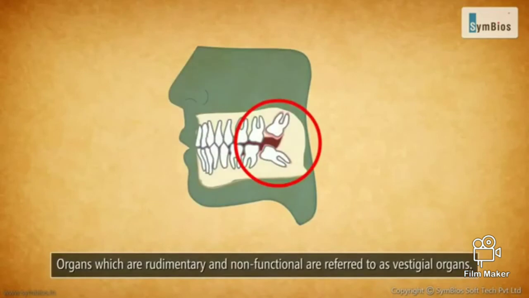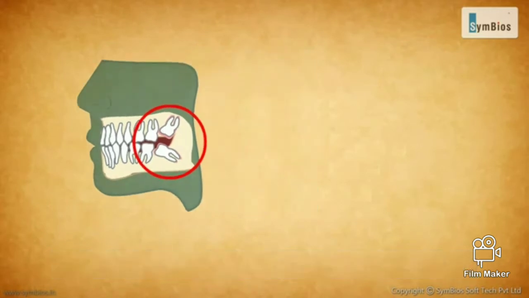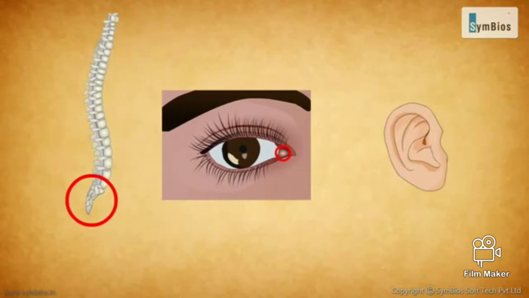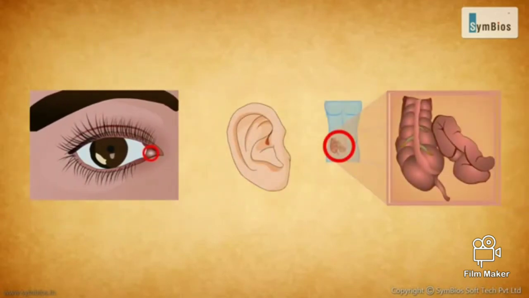Vestigial organs. Organs that are rudimentary and non-functional are referred to as vestigial organs. The presence of vestigial organs provides evidence of organic evolution.